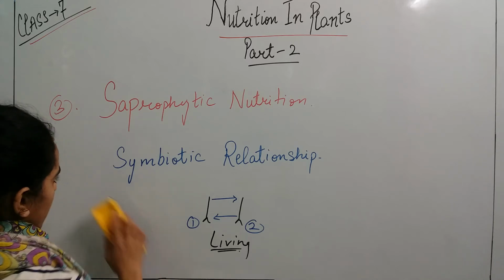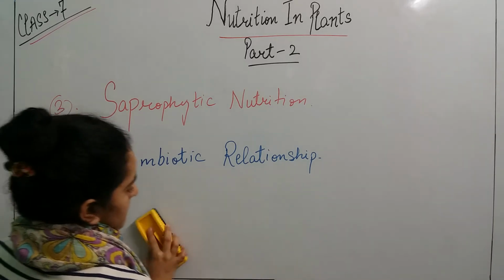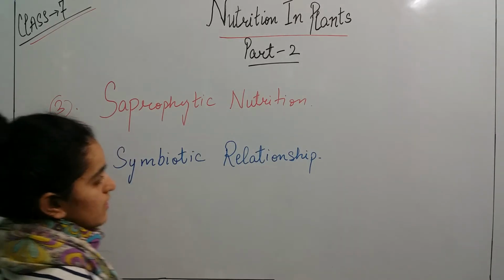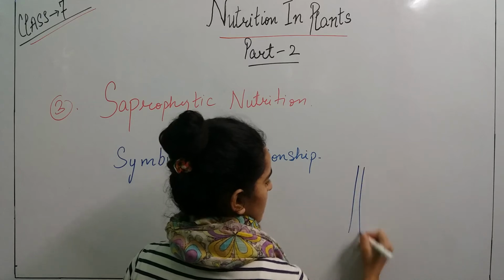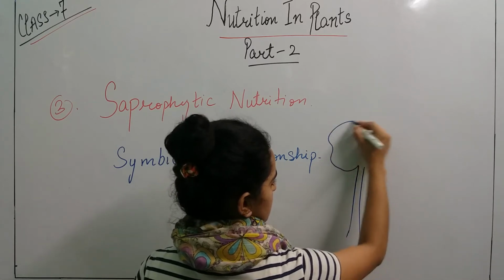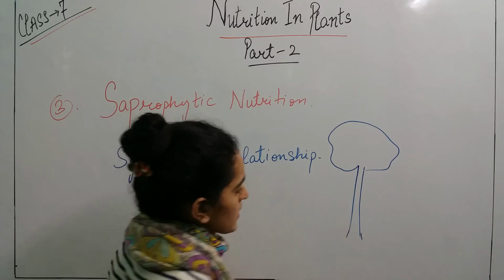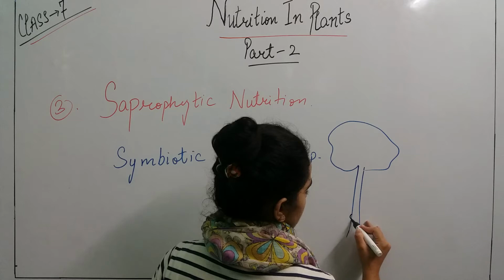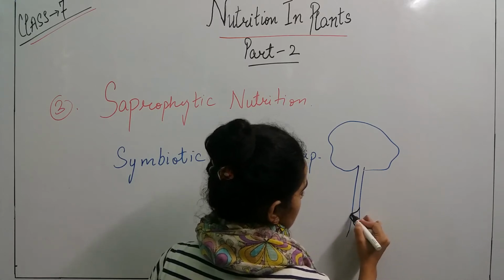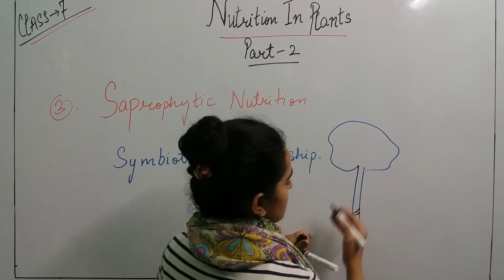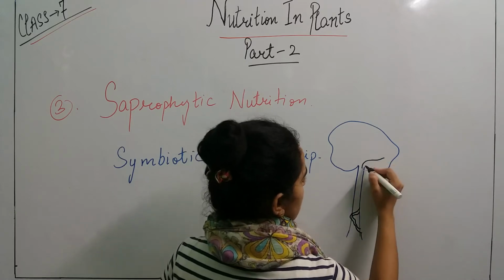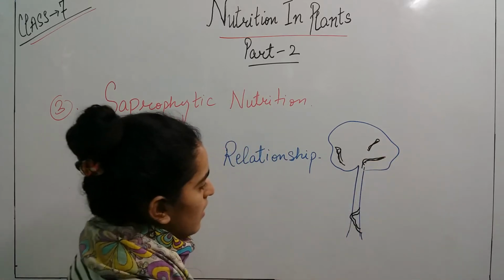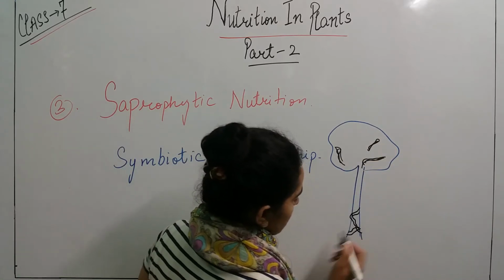For example, have you seen a tree? Suppose it's a tree. Have you ever seen that yellow tubular structures are present here, like this? They are like rolled on its branches and trunk.